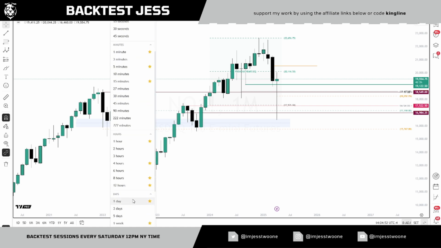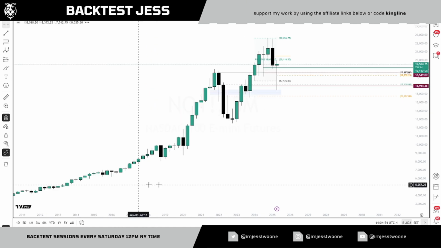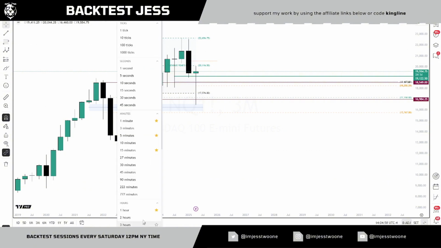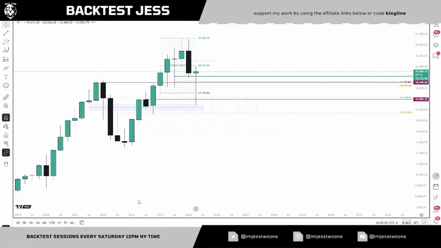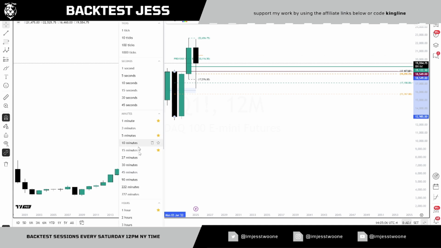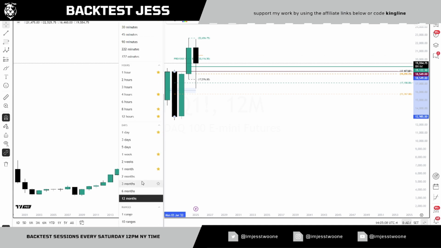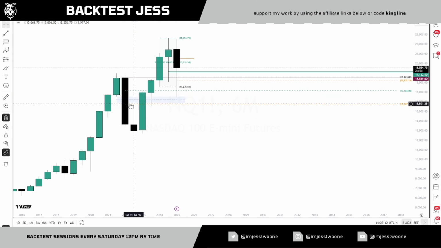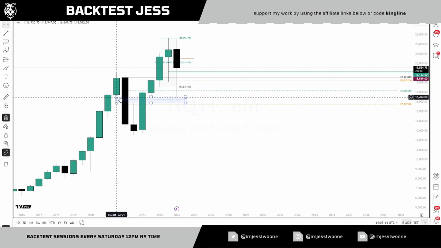So let me just show you the higher time frame that we were working off of. Maybe even 12. Was it the 12? Okay, so this mean threshold is what I said I wanted to hold. Then we drop into the quarterly, or sorry, 6 months. This 6 month BPR, right?